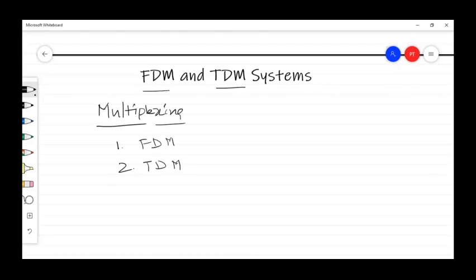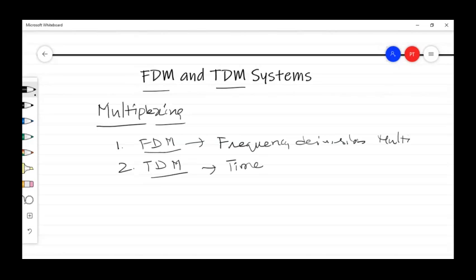What do you mean by FDM? FDM means frequency division multiplexing. Similarly, TDM means time division multiplexing.